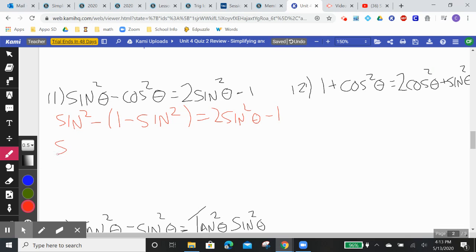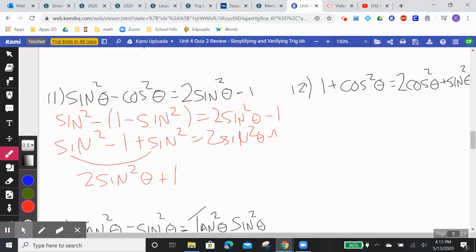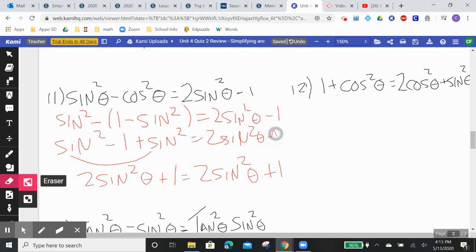Well, now we can distribute. I get sine squared minus 1 plus sine squared. Should again equal sine squared theta minus 1. Well, can I combine these two on this side to give you 2 sine squared theta... It's a little sloppy up here.